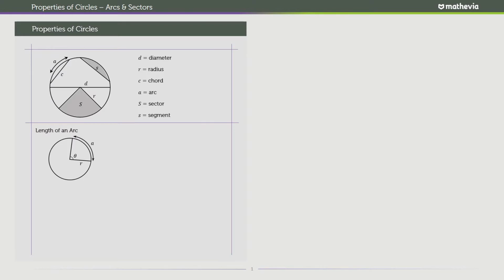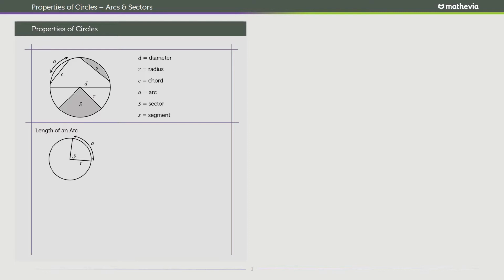If you pick out an arc from the circumference of a circle, that arc constitutes a fraction of the circumference of the circle, and that fraction is dependent on the angle at the center. If you draw two radii from where the arc starts and stops down to the center, you form an angle.